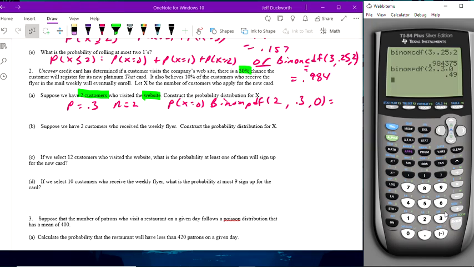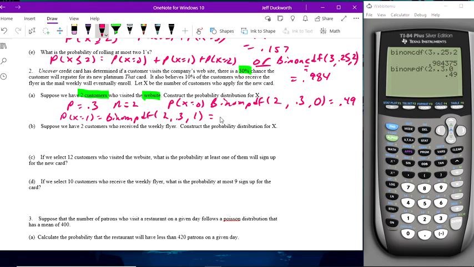That comes out to 0.49. And coincidentally, that will be 0.7 squared. All right, probability that x equals 1, binompdf of 2, 0.3 and 1. I'm not going to do it on the calculator. I do have the answer here.